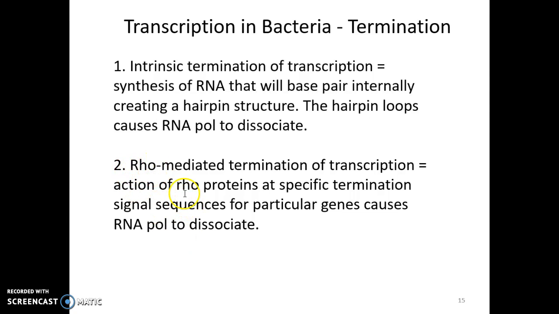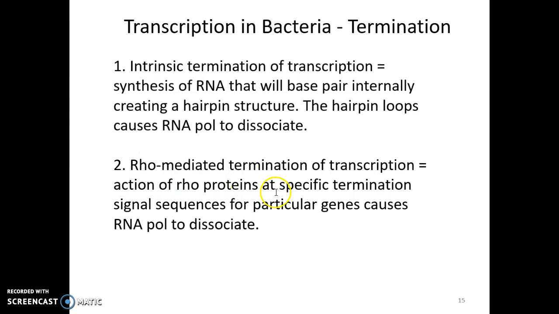So intrinsic termination of transcription means you synthesize RNA that will base pair internally, thereby creating a hairpin structure, which causes RNA polymerase, Pol is short for polymerase, to dissociate or come off the gene. That's one mode. Okay? The second mode is mediated by proteins that are called Rho proteins.